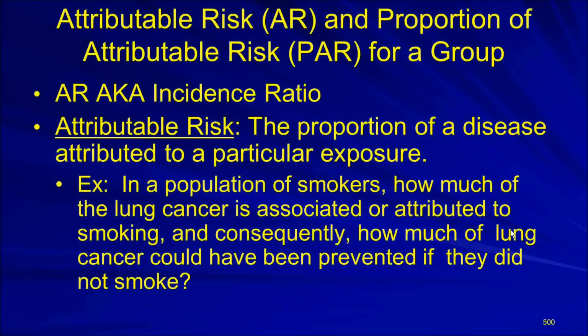So you have two different types of statistics to do, and one set of statistics builds on the other. Okay? Now, we've already talked about attributable risk, also known as incidence ratio. So attributable risk, the proportion of a disease attributable to a particular exposure. Let's go over this slowly.